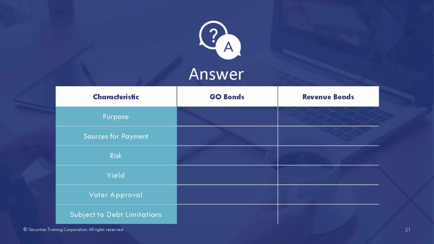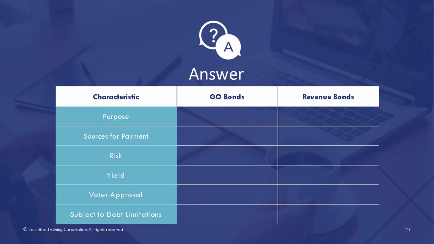What are they really backed by? What are the sources for the payment? Which one entails more risk? Which one entails less risk? Which one would have a higher yield? Which one would have a lower yield? Which one requires voter approval? And are they subject to debt limitations, which I'll explain at the end. Again, you may pause it to fill in your answers first.